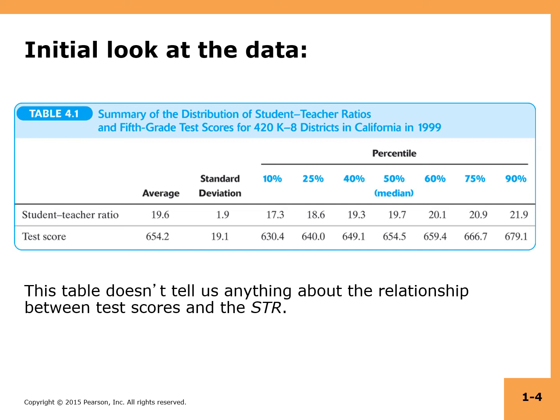For example, about 10% of the school districts have less than 17.3 student-teacher ratio. Even though this table gives you how the student-teacher ratio is distributed and how the test score is distributed, it doesn't tell anything about the relationship between test scores and the student-teacher ratio.